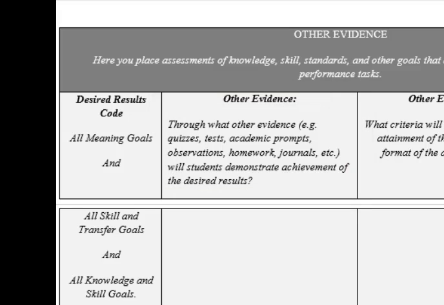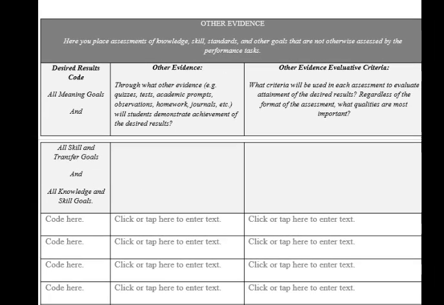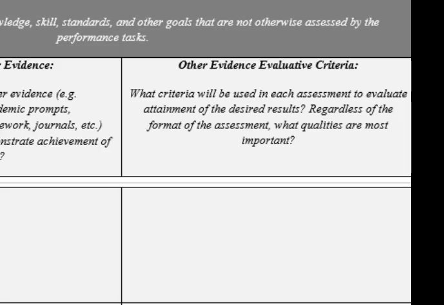The important thing to note with this section is that you're focusing on quick ways that students can quickly demonstrate whether they are understanding the information. And with this category as well, you do want to again include the evaluative criteria.